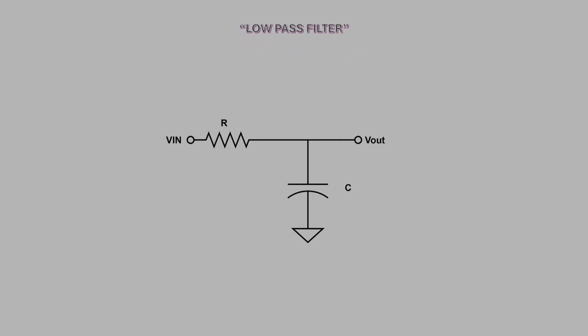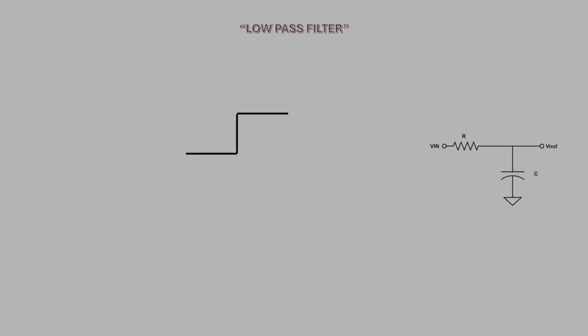Let us understand DC analysis using a simple low pass RC filter. If we apply a step signal at its input, for example, a step of magnitude 5 volts, everyone knows what the output is going to look like. It is going to start at 0 volts, rise slowly, and settle at 5 volts.